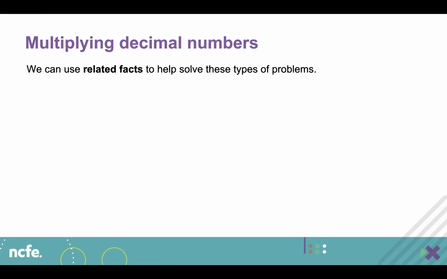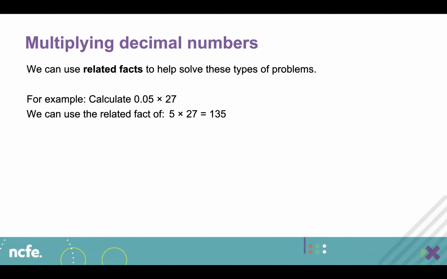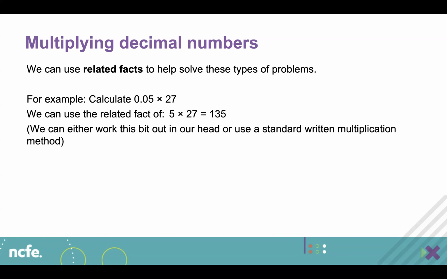Multiplying decimal numbers, we can use related facts to help solve these types of problems. For example, calculate 0.05 times 27. We can use related facts of 5 times 27 is 135. We can either work this bit out in our head or use a standard written multiplication method.